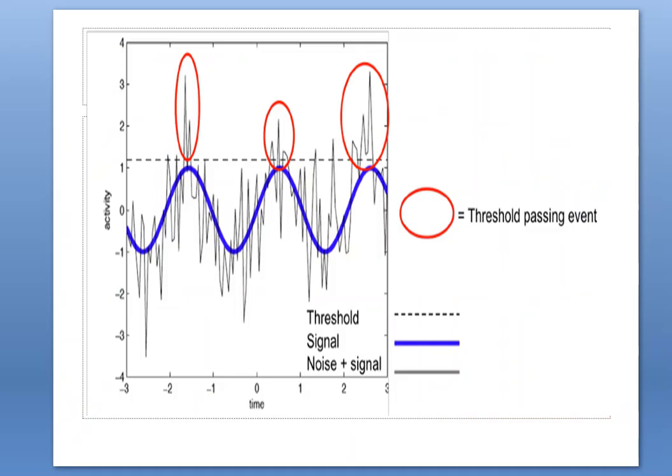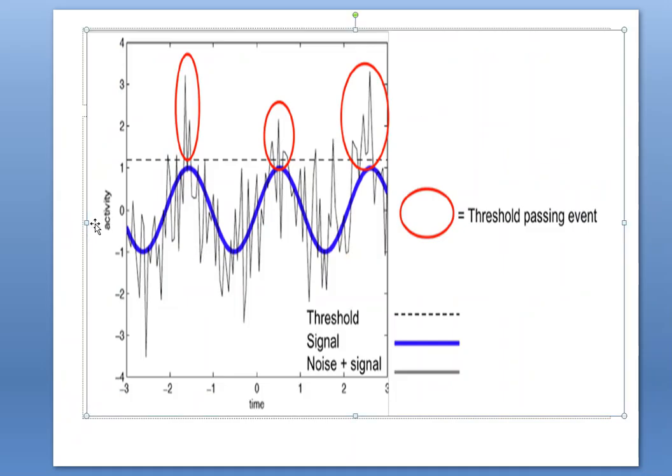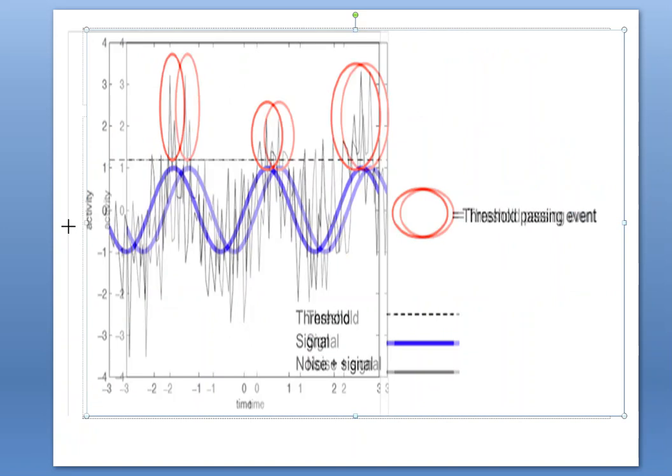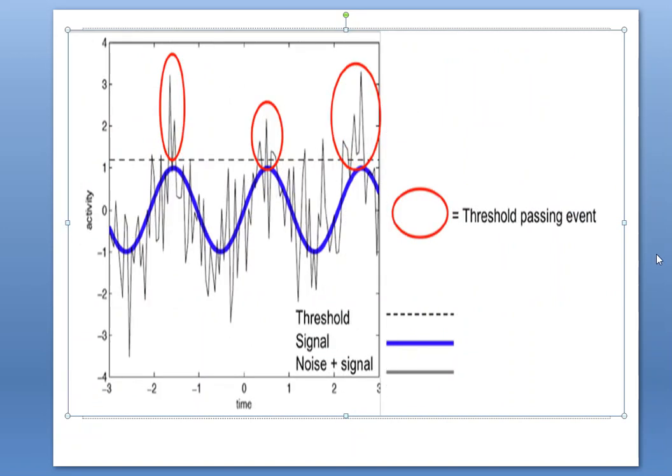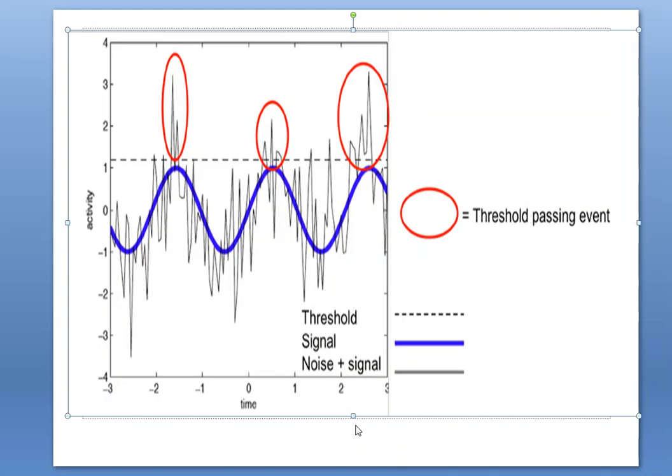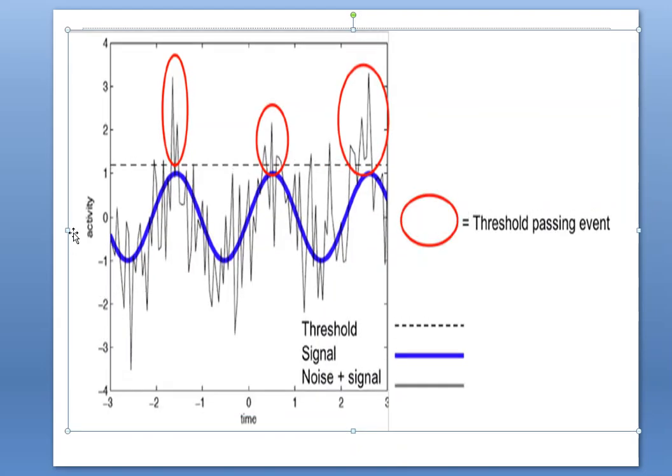Based upon the thresholding, we can remove the noise. Those amplitude levels that cross the threshold, we can call noise. Those below the threshold level, we can call signal. So based upon the thresholding concept also, we can remove the noise in the system.